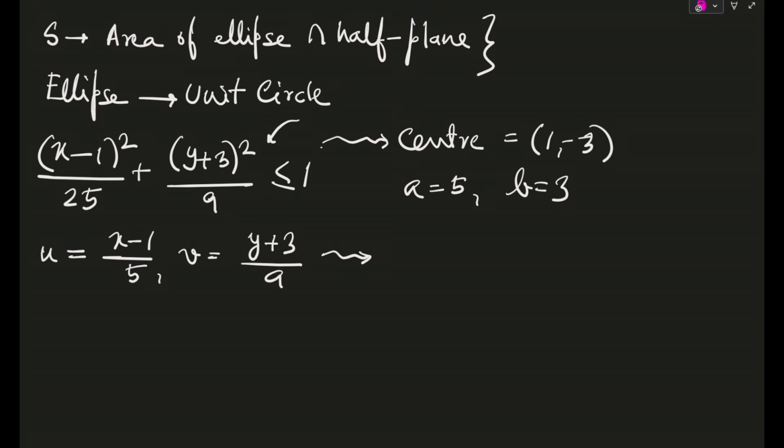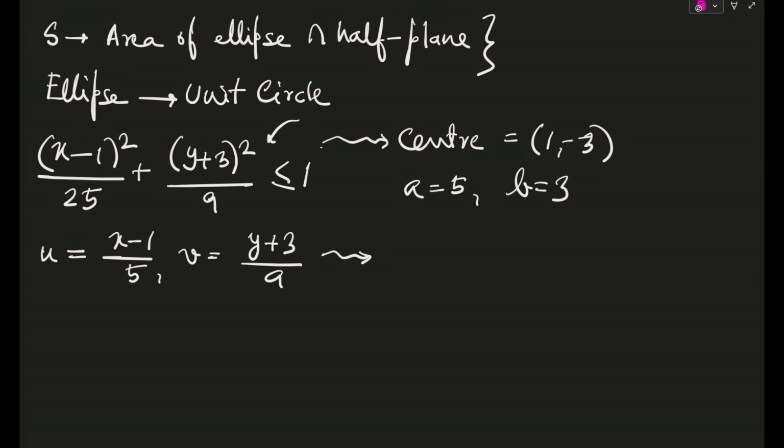Okay, if we backtrack this, x will come out to be 5u plus 1. So, in the case of the UV coordinate system, whatever value is there in the XY coordinate system, you will have 5u plus 1 times the value in the UV coordinate system, right? That is how it works.